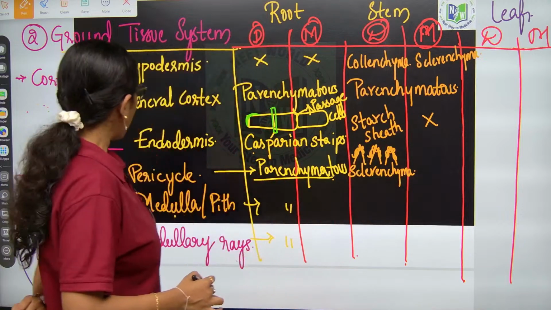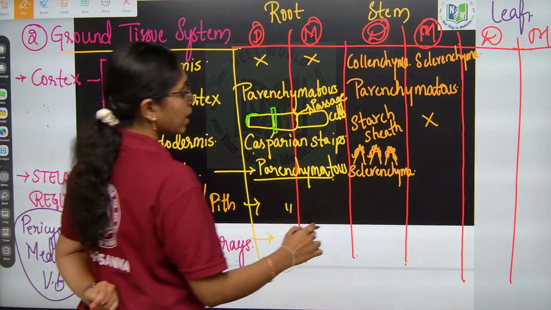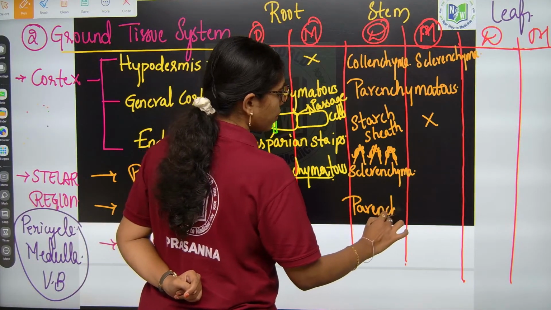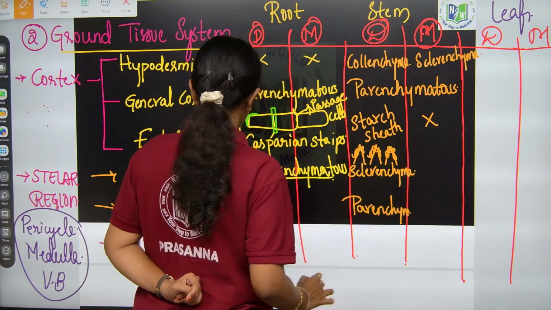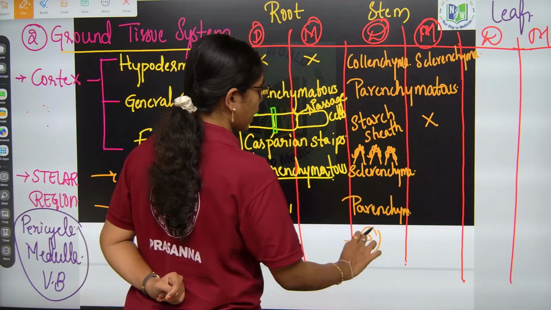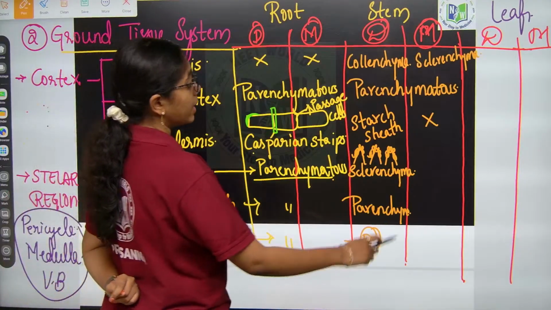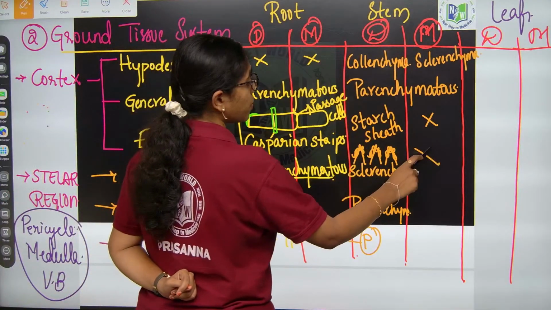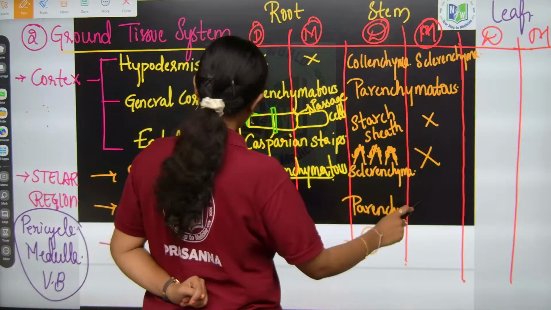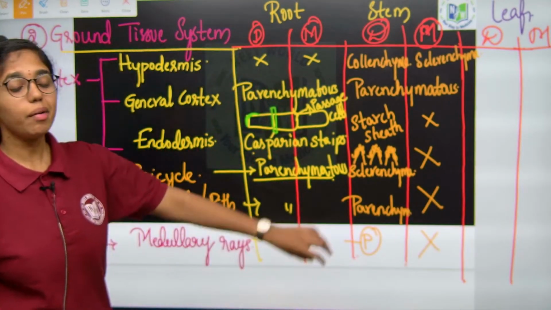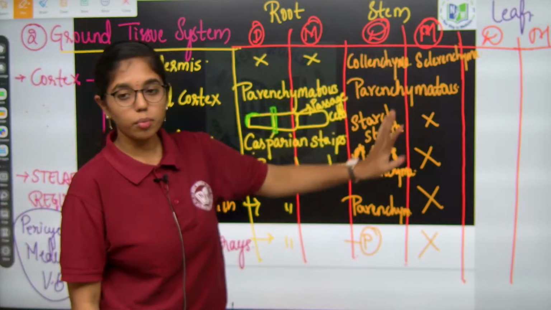Medulla or pith is again parenchymatous in dicot stem. Medullary rays are also parenchymatous, whereas in monocot stem you do not have any endodermis, pericycle, or medulla or pith. There is completely parenchymatous general cortex in the monocot stem.